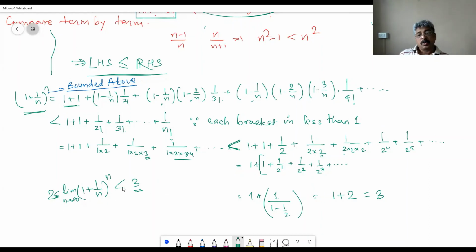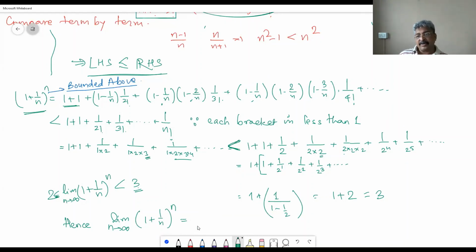Okay. So it is bounded above and is a non-decreasing sequence. Hence, limit n tends to infinity of 1 plus 1 upon n is equal to L.